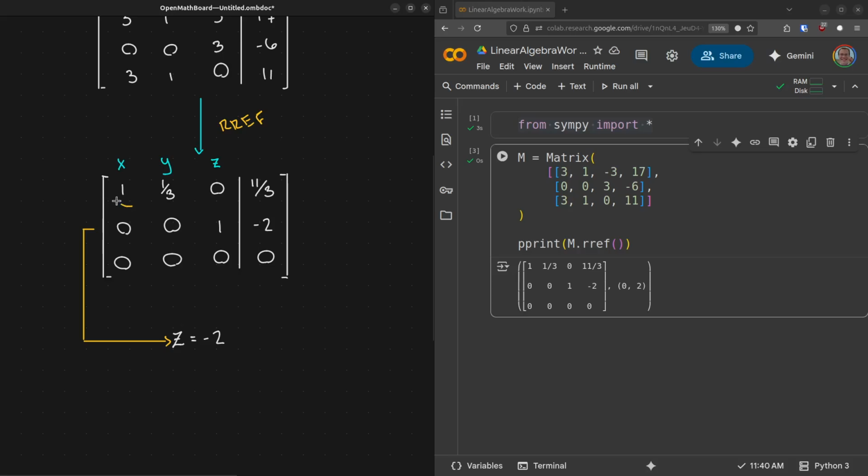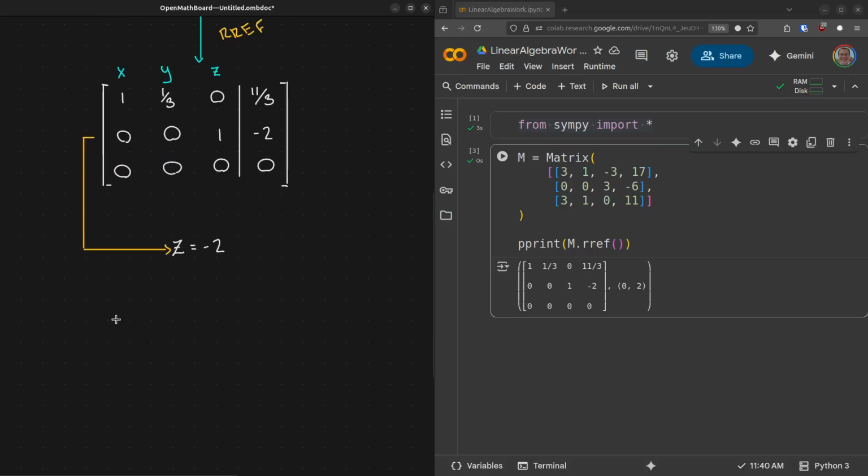The first row, if I write down the equation, it will involve 2 variables. And that's why I need a free variable. I have only one equation here, but it's relating 2 variables.